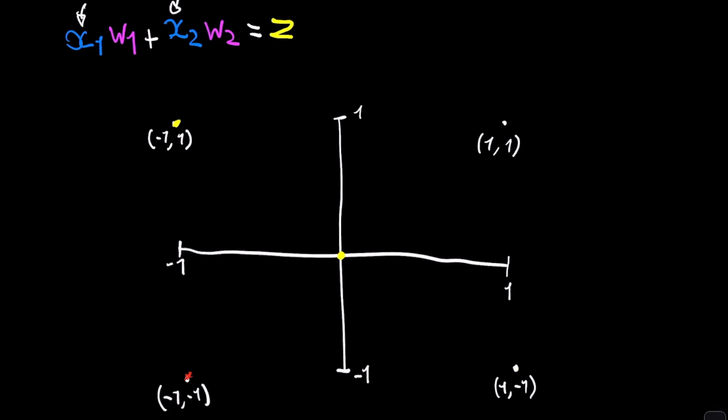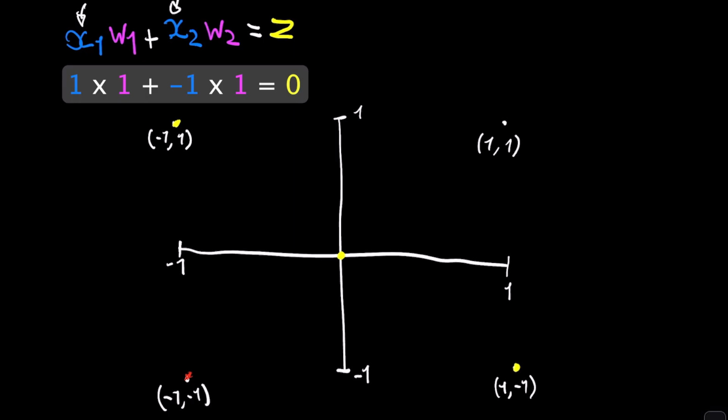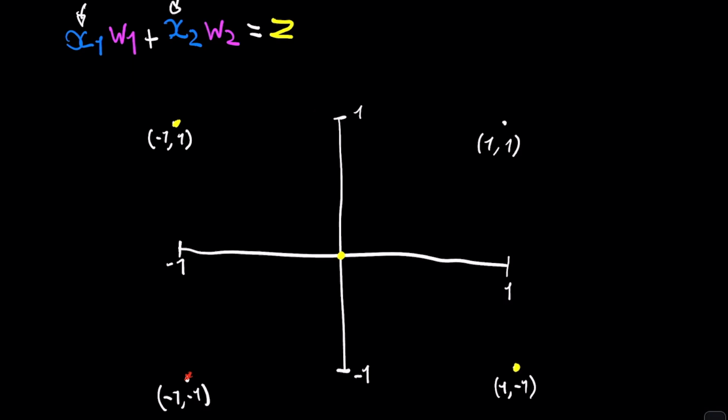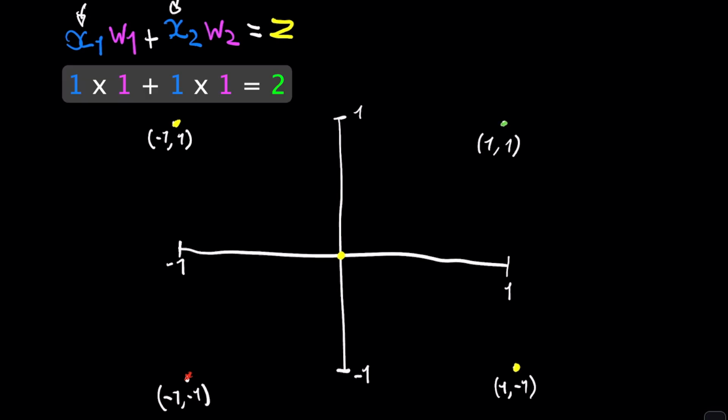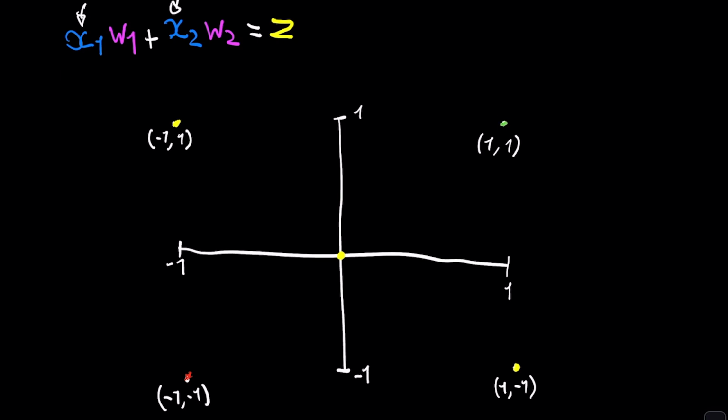This point is also classified as 0. Interesting. And this point would be positive, right? Now, I don't know if you're seeing the pattern that's starting to form, but I want you to notice that this is a 2D plane, and we're trying to classify these 4 input pairs, but theoretically we could feed any input pair into our machine, and it would return a score.